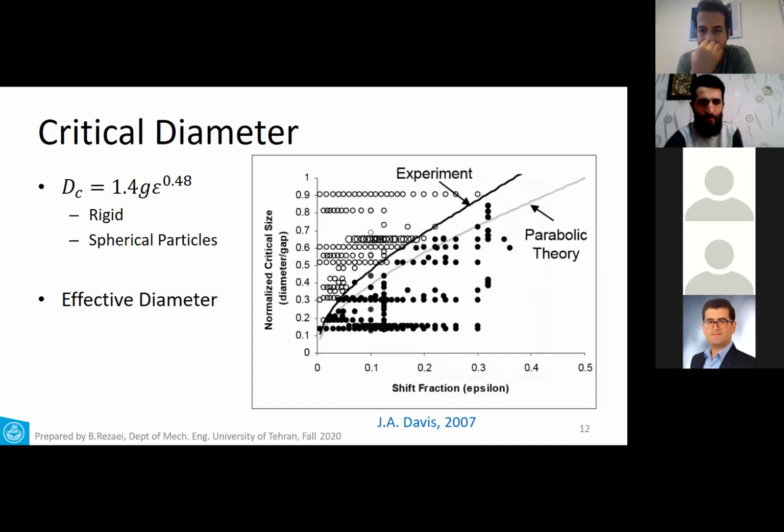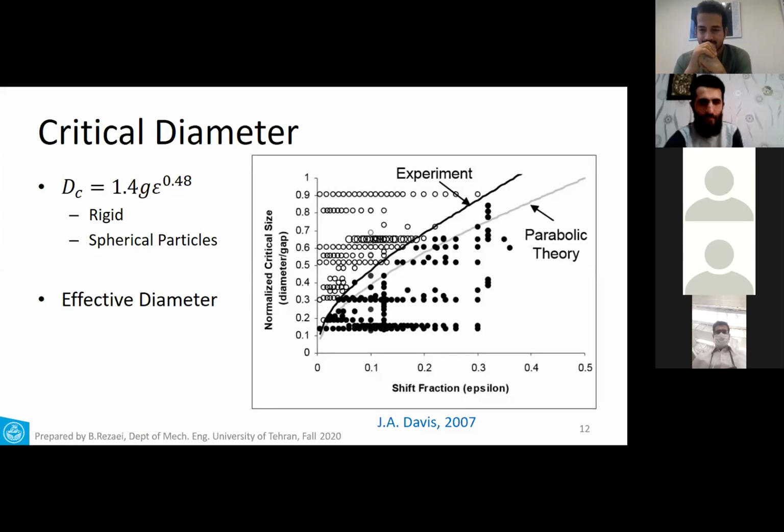Before the design, as I've already told you, comes the critical diameter, because we want to do the separation. The particles that are larger than a critical value go into the bump mode, and the ones smaller than that value go into the zigzag mode. So we want to know about the critical diameter.